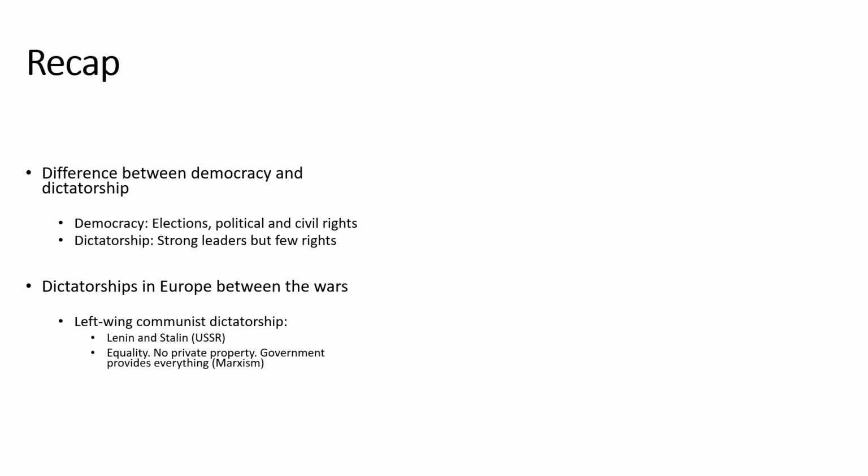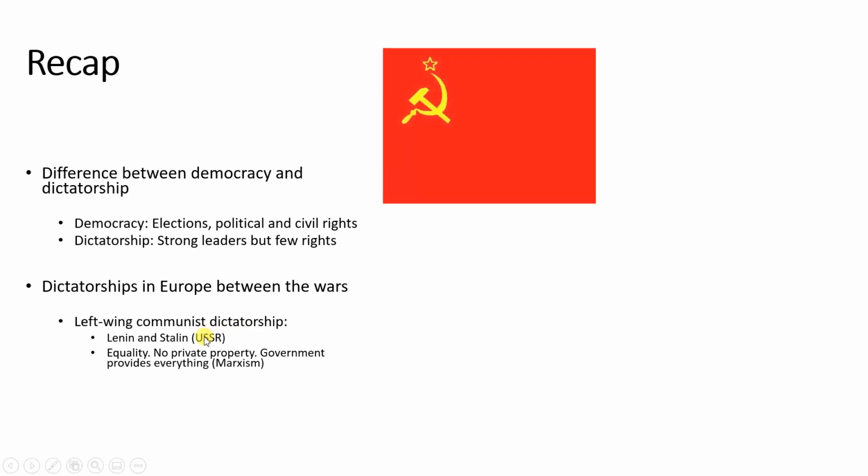and World War Two, and it starts with the first big dictatorship, left-wing, communist dictatorship, Russia, the USSR, the Soviet Union. So there's the famous Soviet flag with the hammer for industrial workers, the sickle that represents the peasants, the agricultural workers.